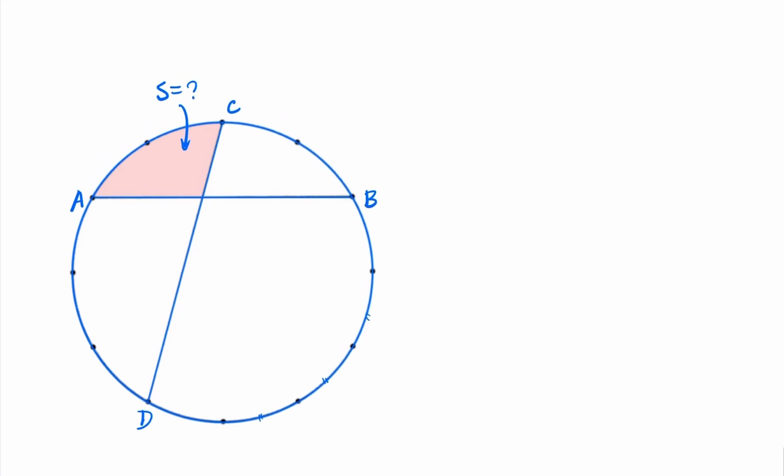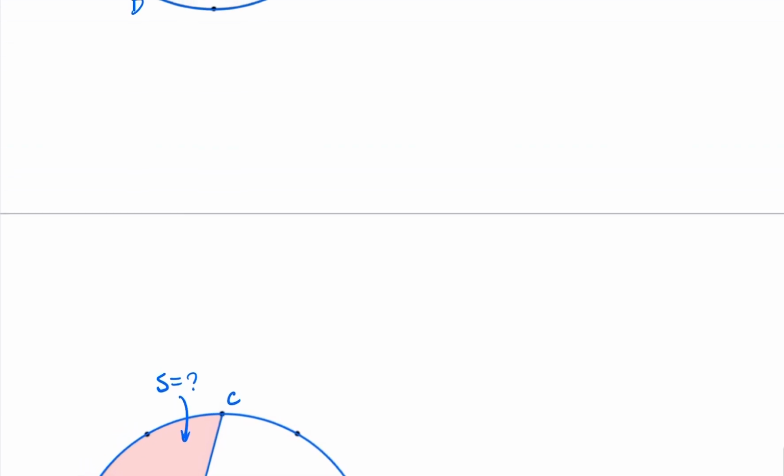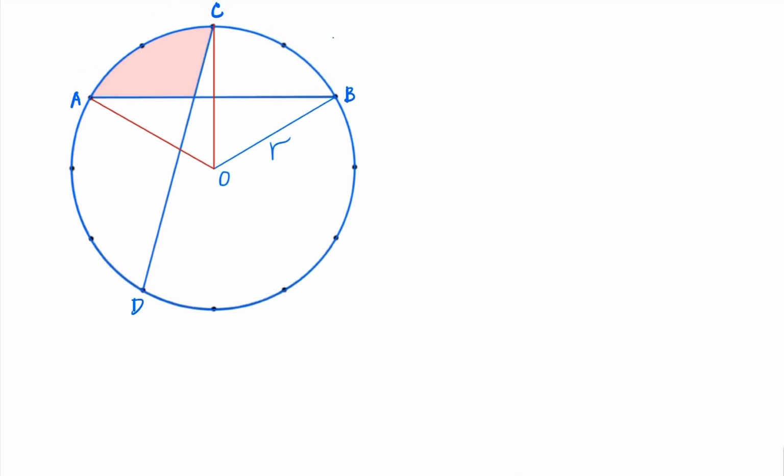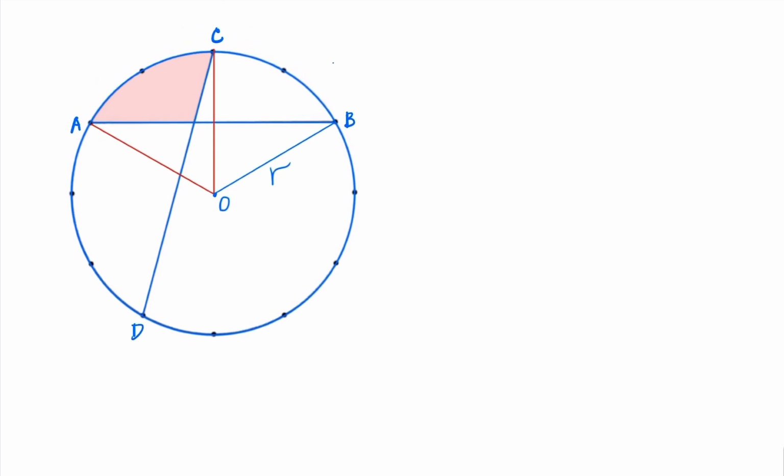Alright, let's get started. We make the connection from the center of the circle to A, C, and B. The radius is R. So we know that the area S is going to be this big part here.